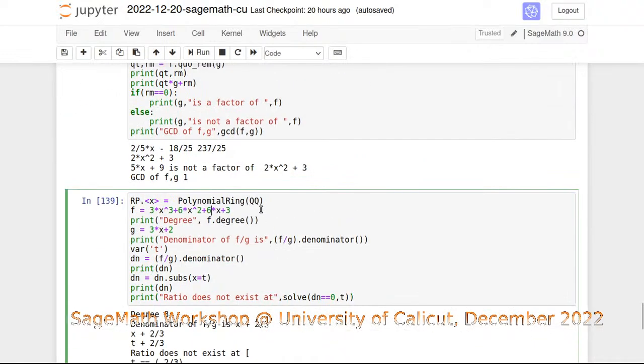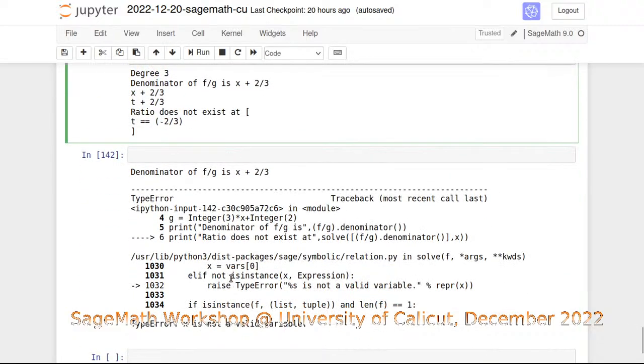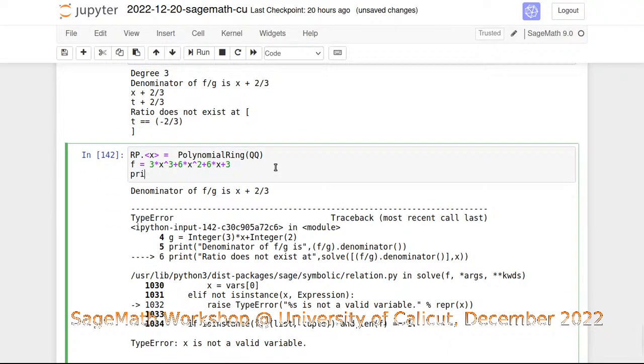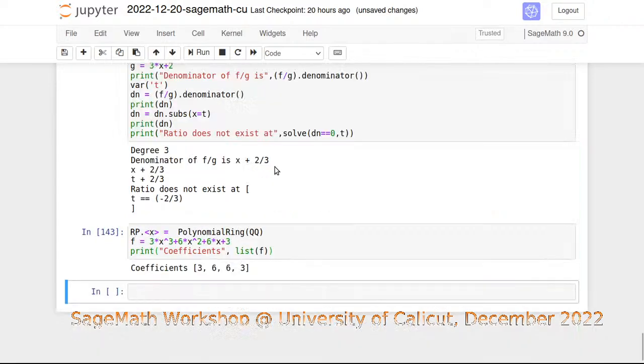Suppose we are defining like this, and we take the coefficients. We can simply use this f and we get the coefficients like this.